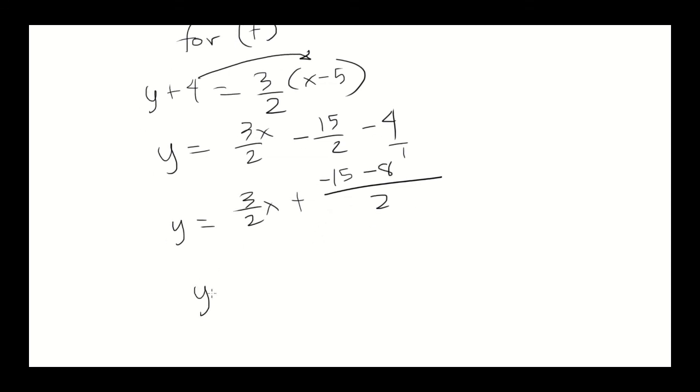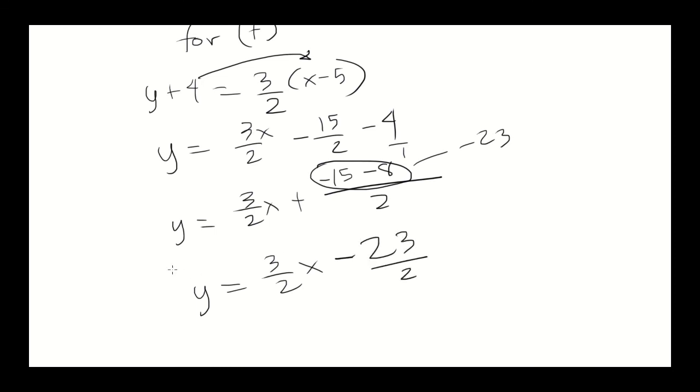Negative 15 minus 8 is negative 23. So it becomes negative 23 over 2.